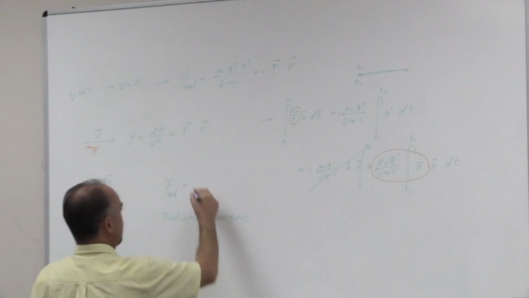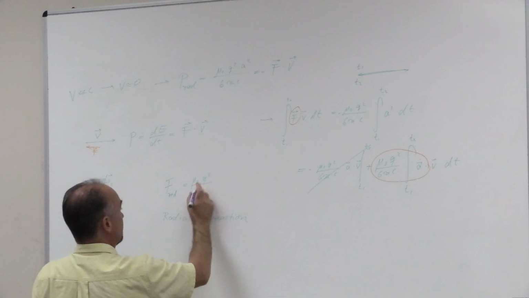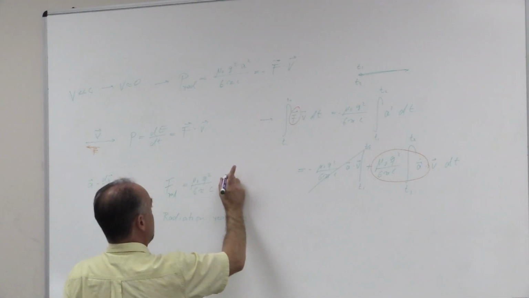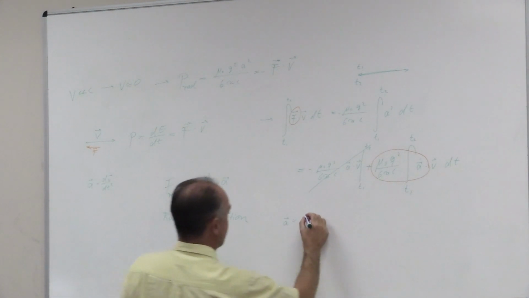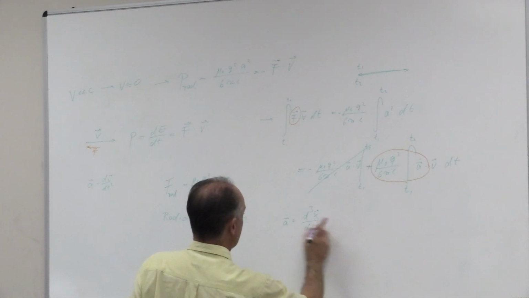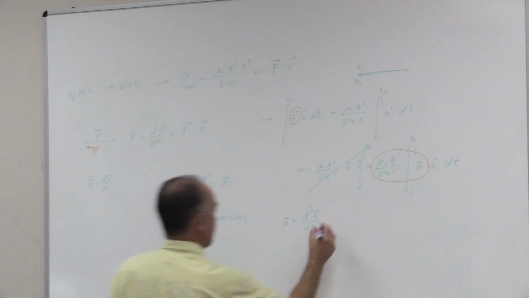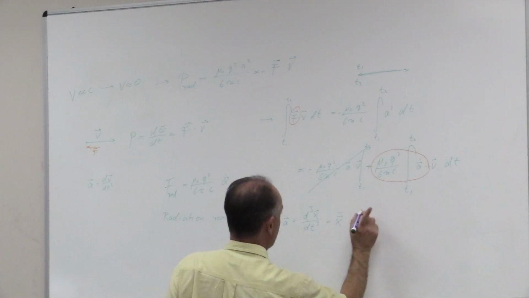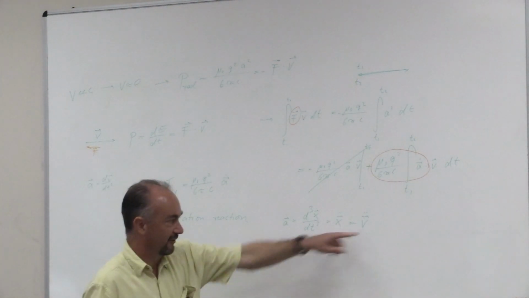You can just associate that with mu naught q squared over 6 pi c times a dot, but of course a dot you can also write as the third derivative of position, or the second derivative of the velocity.